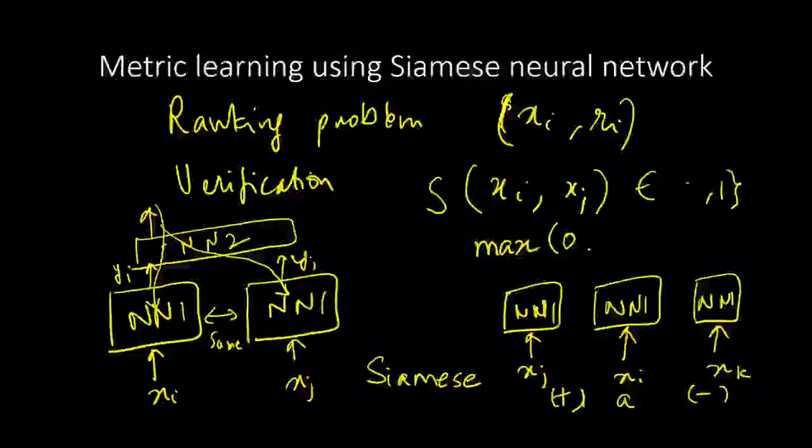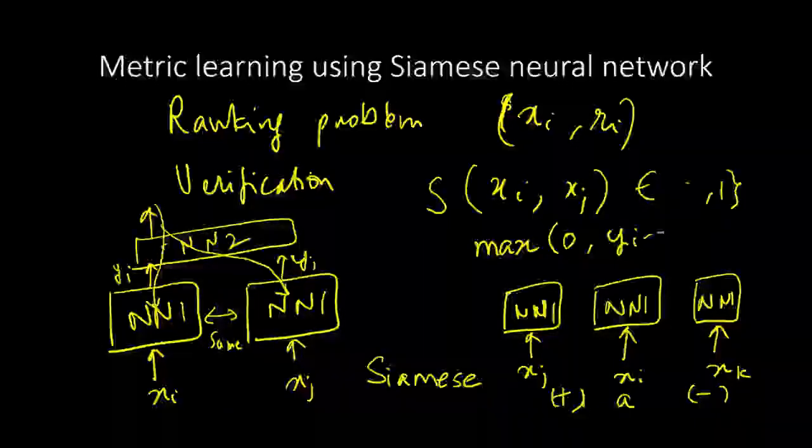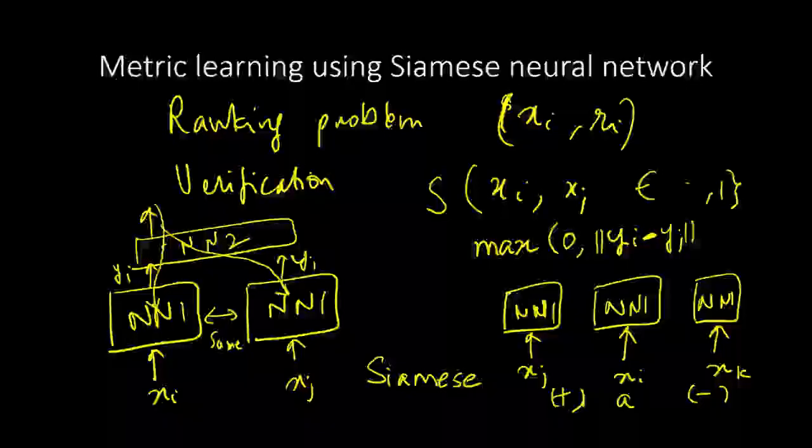So we are going to have a 0, comma, and then yi minus yj. This is going to be Euclidean distance, and then yi minus yk.